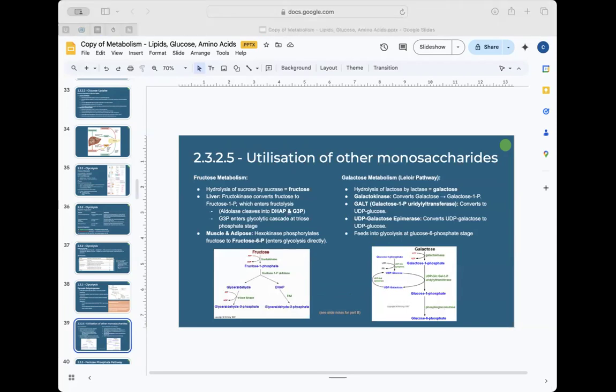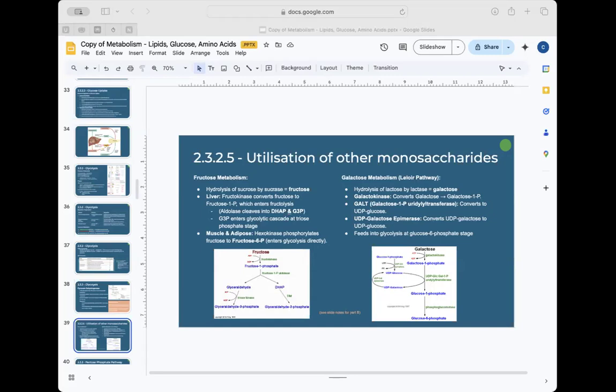Okie doke, utilization of other monosaccharides. So not all sugars are created equal, but they all sort of find their way into glycolysis eventually. So fructose is absorbed from sucrose, then in the liver it's phosphorylated to fructose 1 phosphate and split into DHAP and G3P.